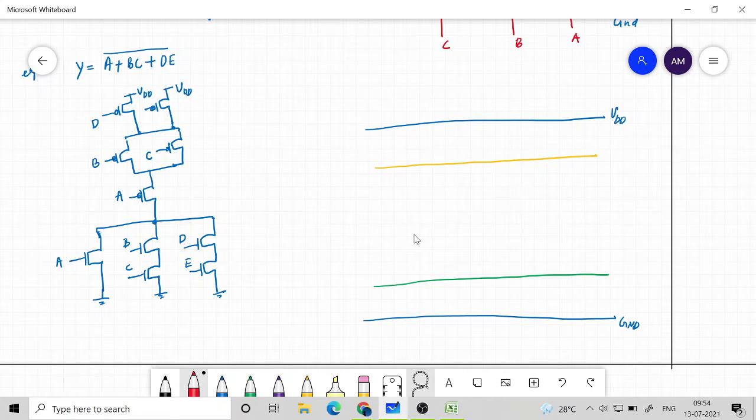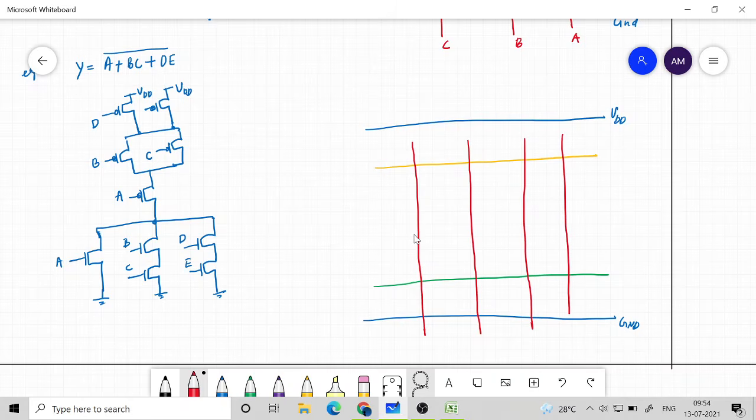Then I have to draw vertical lines. 1, 2, 3, 4. Need one more. Maybe I should extend a little more.